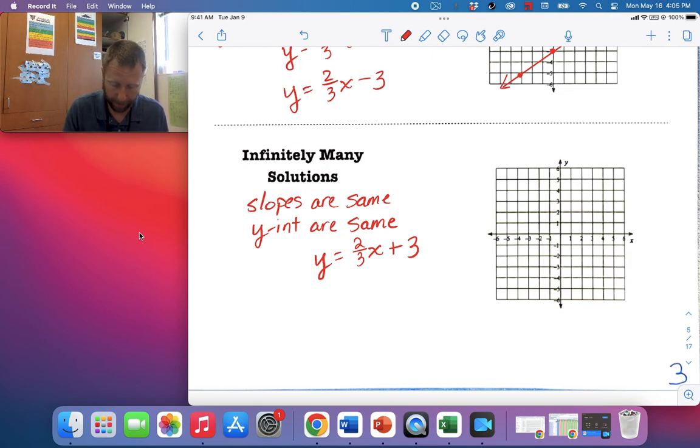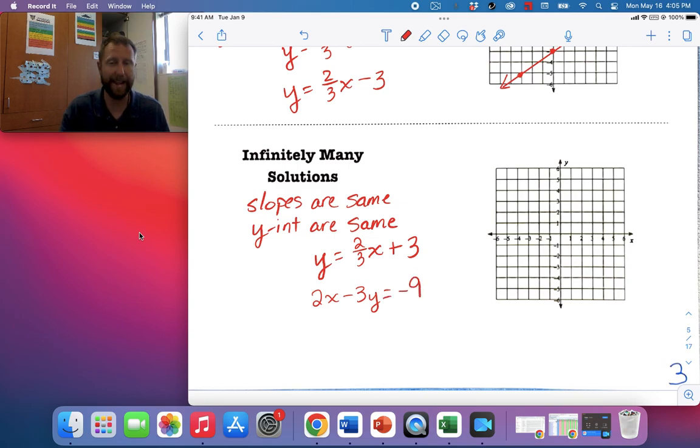So the one in standard form, let's say I have 2x minus 3y equals -9. In this case, you would solve for y, and you would see that we get the exact same equation. If I subtracted 2x from both sides and then divided both sides by -3, I'm going to get the exact same equation, the same slope and the same y-intercept.